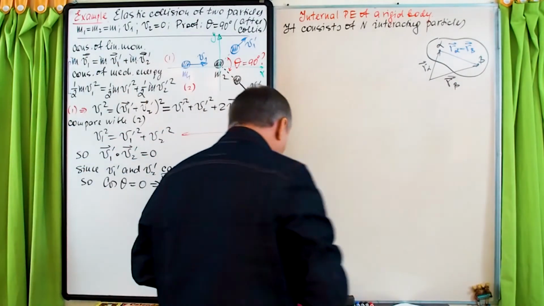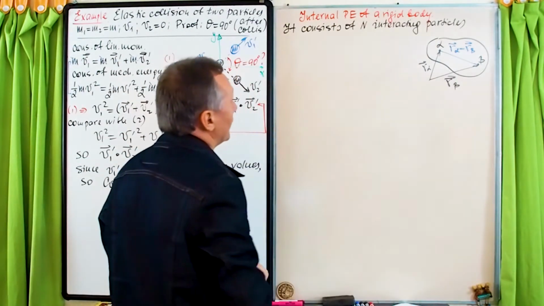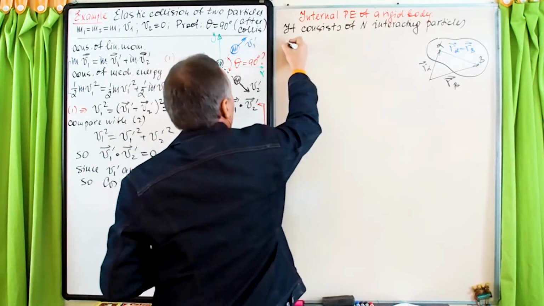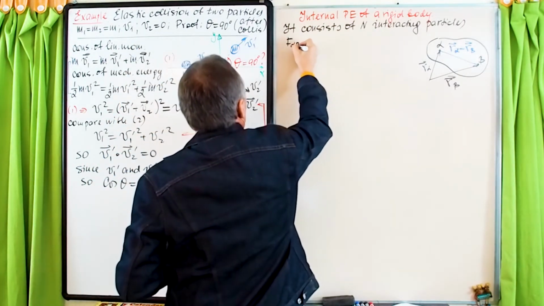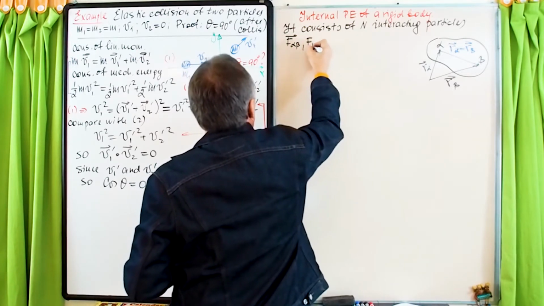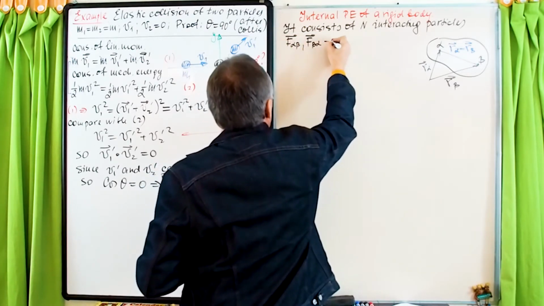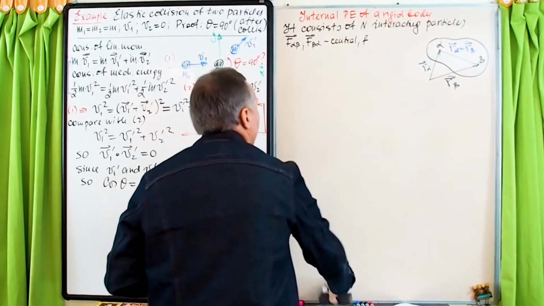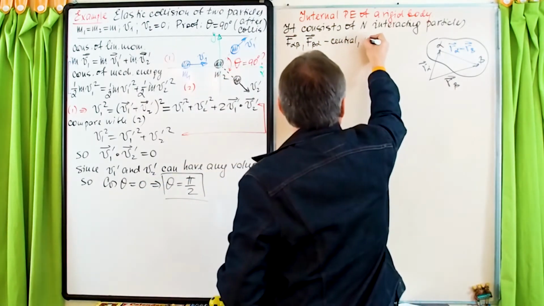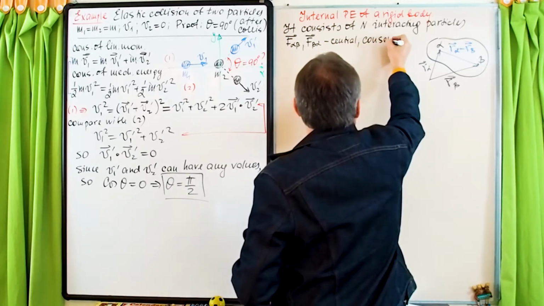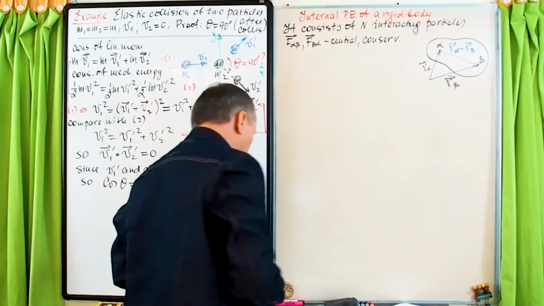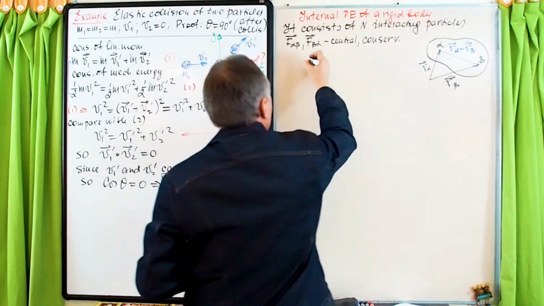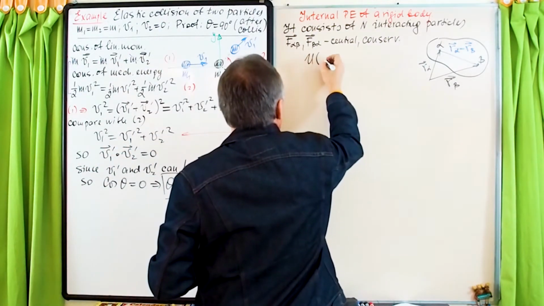And forces, F alpha beta and F beta alpha, of course central and conservative. And of course, for these two particles, potential energy can be introduced.